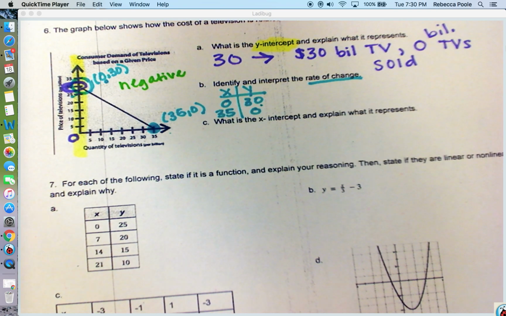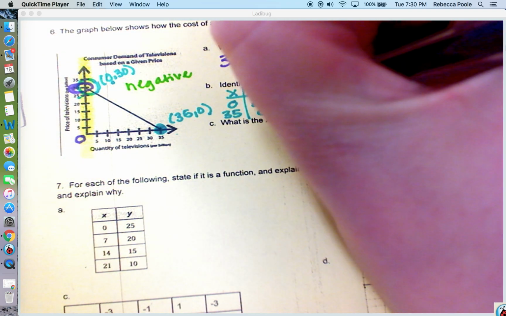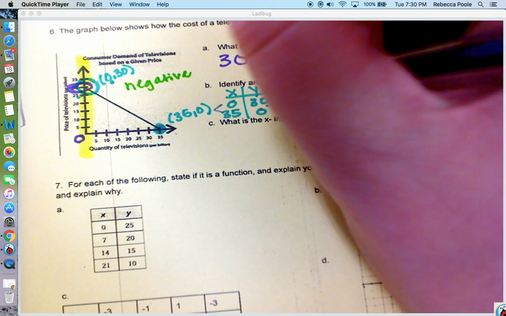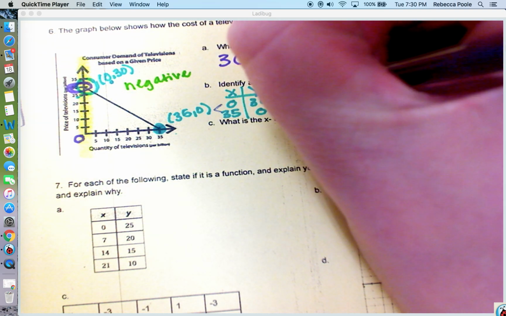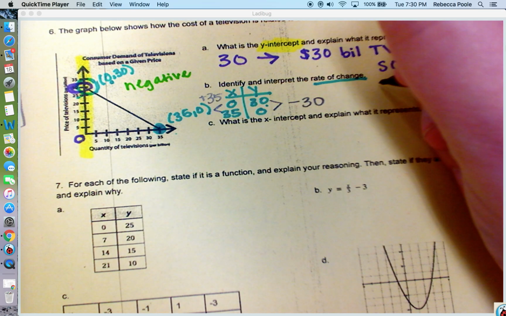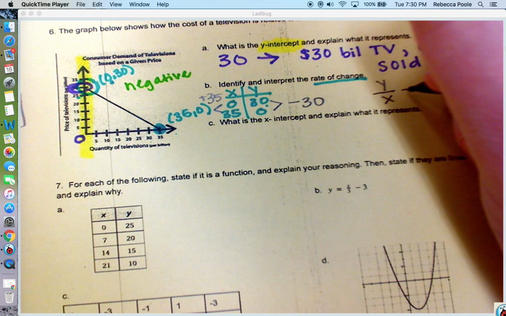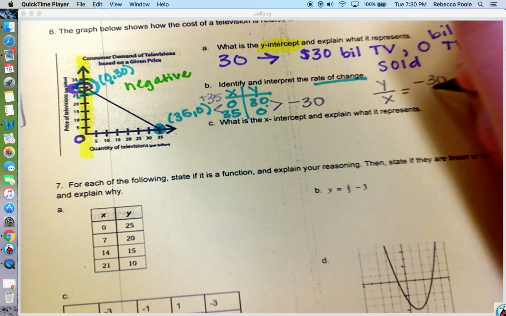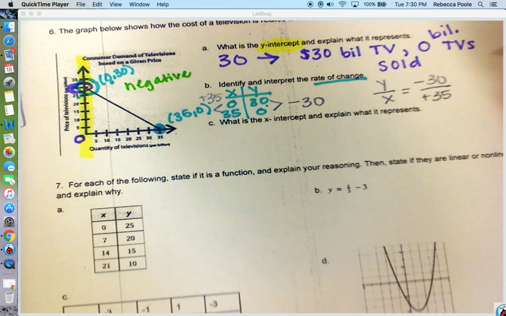That looks good. So now I just need to find the rate of change, which means I'm just looking for the pattern, right? How do you get from 30 to 0? Minus 30. How do you get from 0 to 35? Plus 35. So the rate of change will be y over x, which is negative 30 over positive 35.